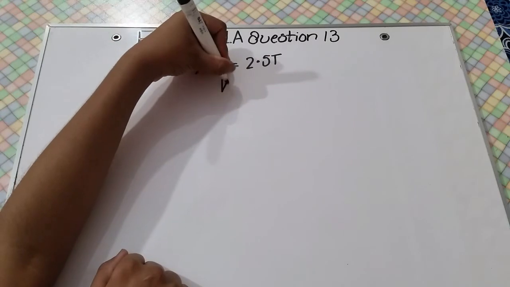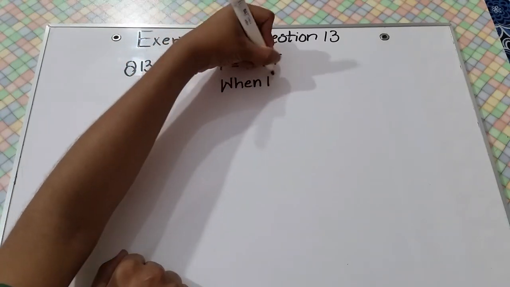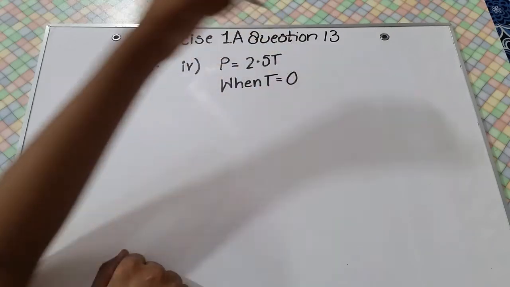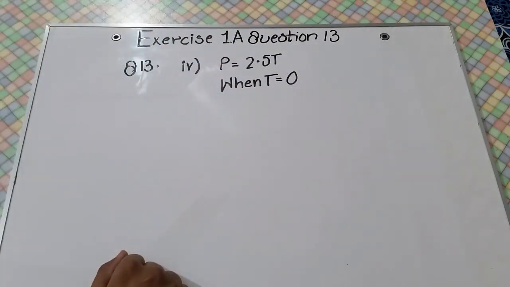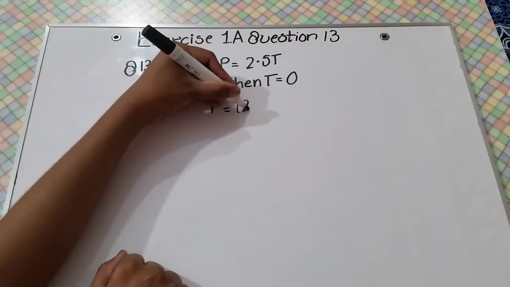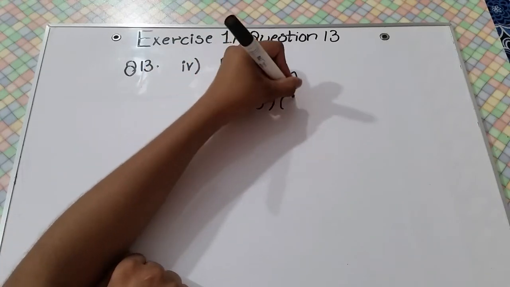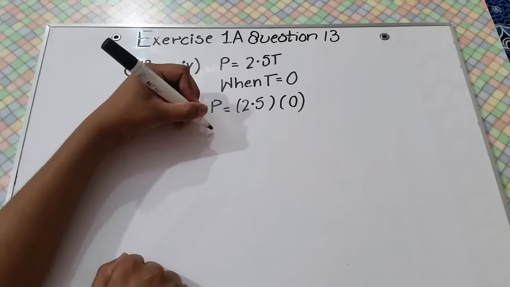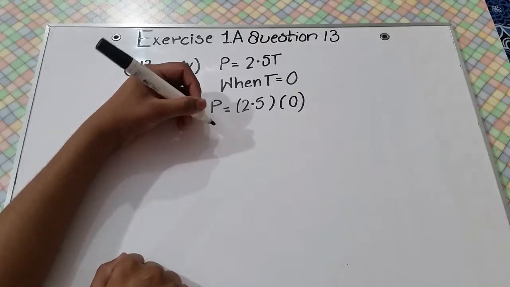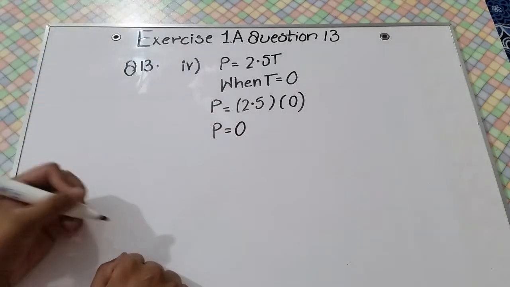Like when t equals 0, we write p equals 2.5 times 0. Simply they are multiplying, and the new value would be 0 for p.